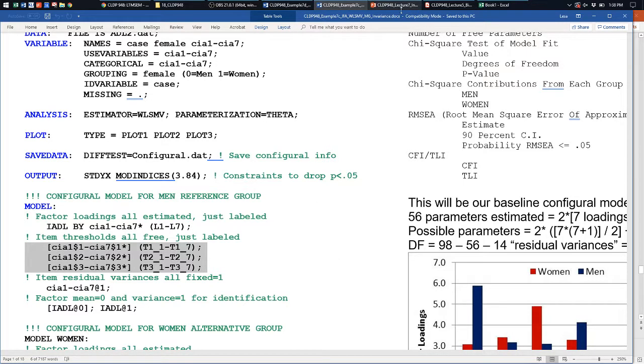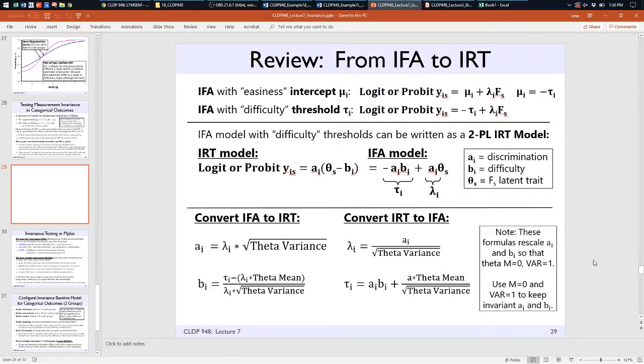So just to remind you why this matters, this is slide 29 out of lecture 7 to review the back and forth for these things. If you have theta variance, the factor variance, that's 1, then the loading and the A are the same thing. So you can test the equality of the loadings across groups, and functionally that's the same thing as testing the equality of the A discrimination parameters in an IRT metric.